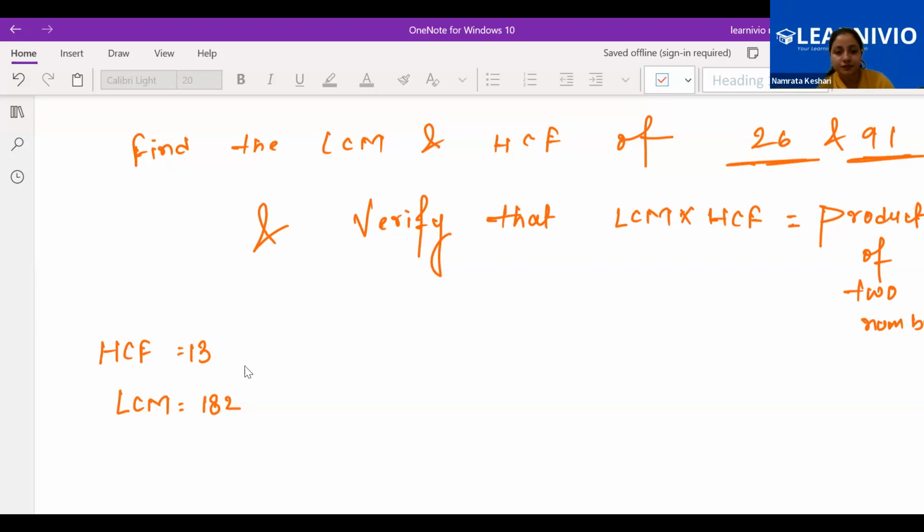Ma'am, I'm also getting the same answer. Okay, who said? Harshit. Okay, Maha and Harshit, these two students are getting the same answer. Ziana, yes, ma'am, I also got the same answer.